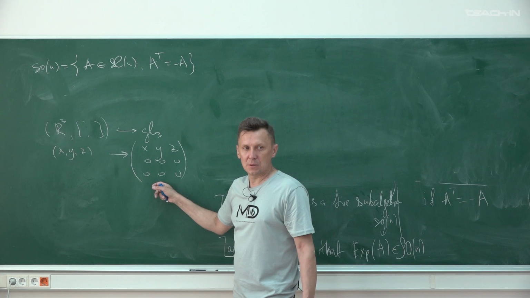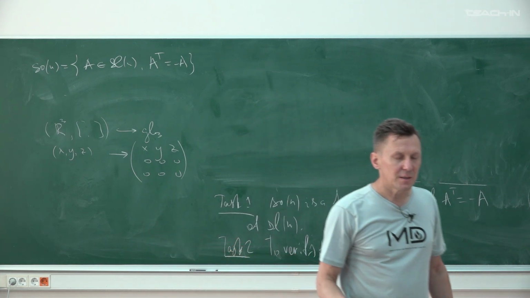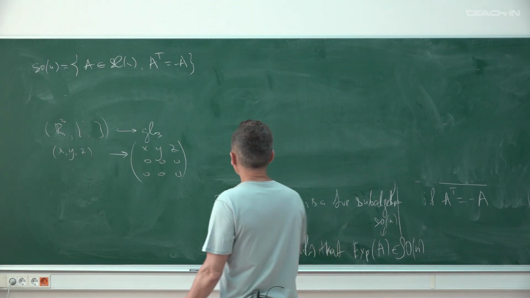You understand? So you mean the same commutation relation will be for SON and SLN?